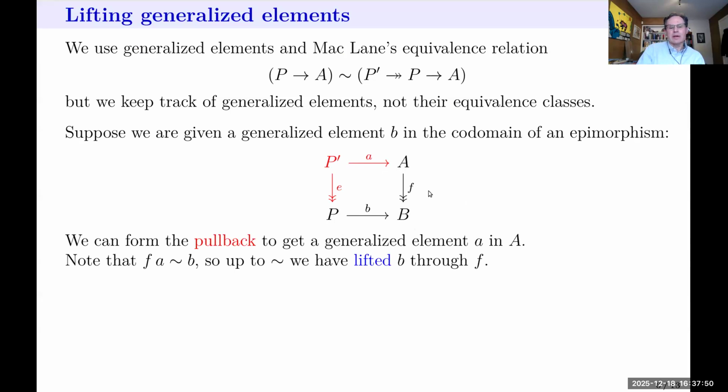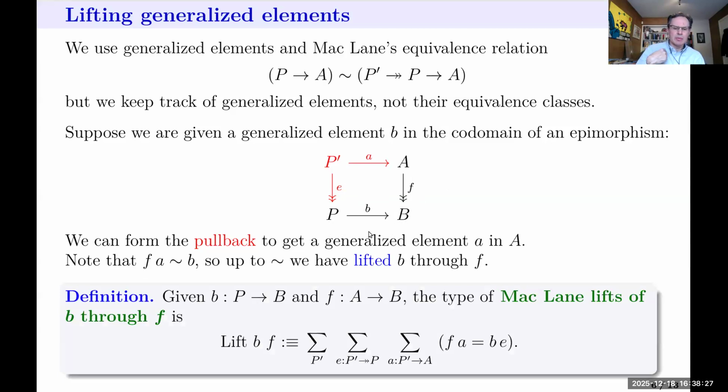And because pullbacks of epis are epi, this map is epi. And this new generalized element, when I compose it with F, is equivalent to the generalized element we started with, because the relation says if you can pre-compose with an epi and get an equality, the square commutes, of course, then you have this equivalence relation. So up to that relation, we do have lifts of generalized elements through epimorphisms by taking pullbacks. So that's the motivation for that relation.